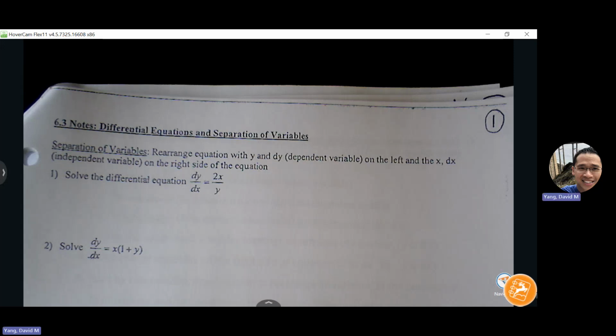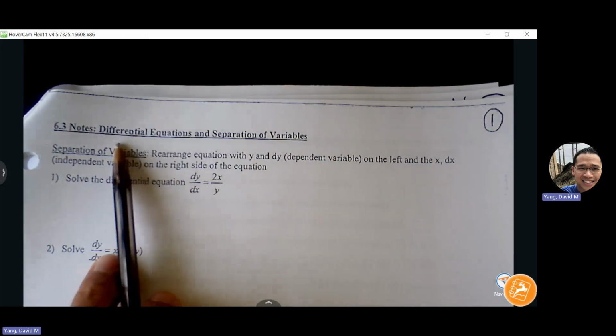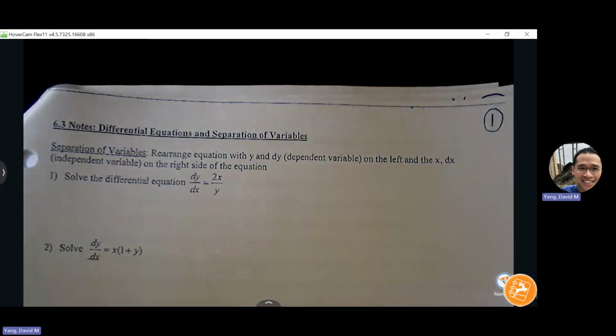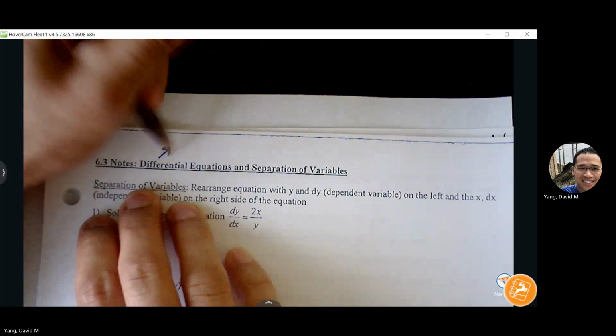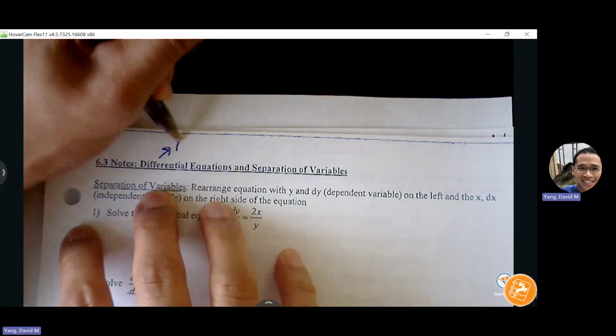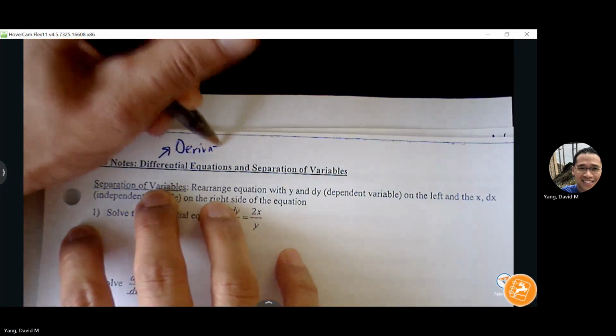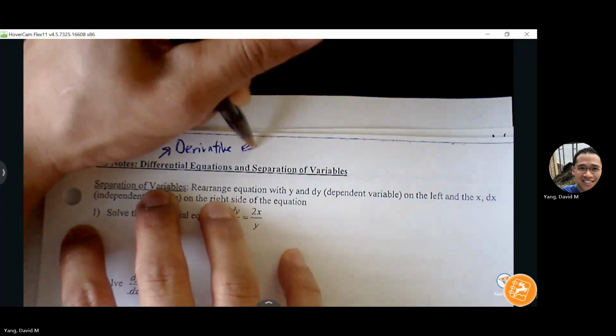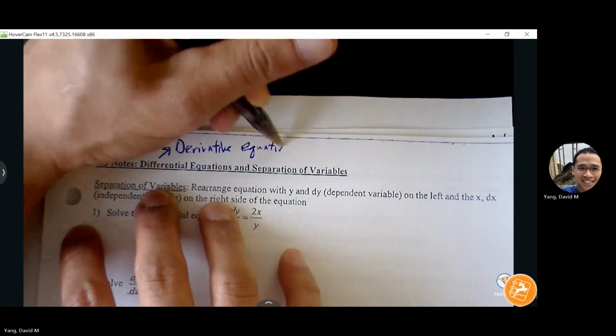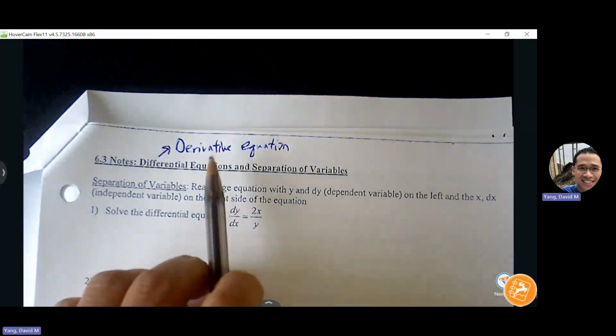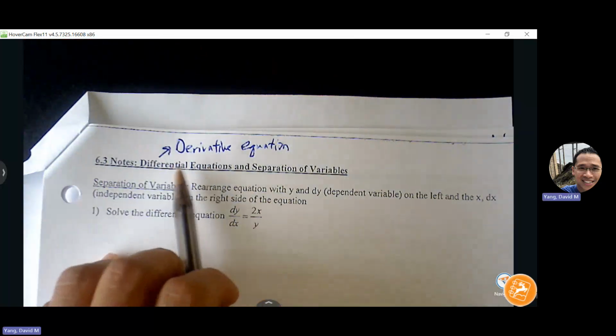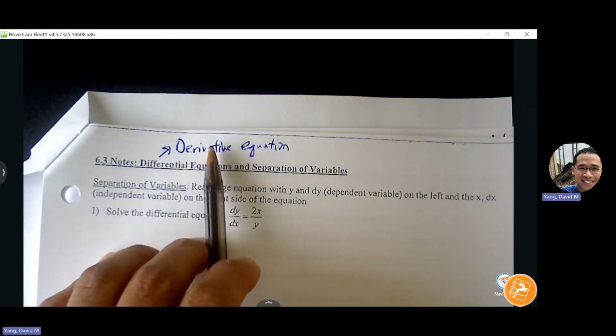Okay, so differential equations, basically that just means a derivative equation. A differential equation is just an equation at the derivative level. When we talk about solving a differential equation, all that means is that we are taking the antiderivative, bringing the derivative up to the function level.